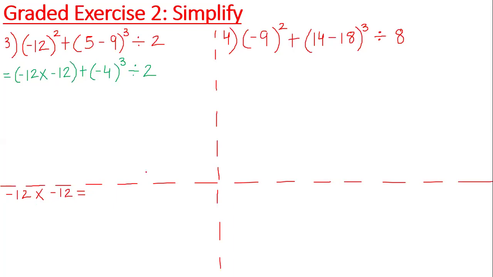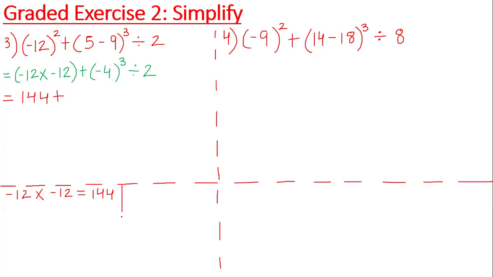Why? Because a negative times a negative gives you a positive. Thank you. Mr. Petit, I got the answer now. Which answer is it? 176. Okay, I hope that's right. Me too.